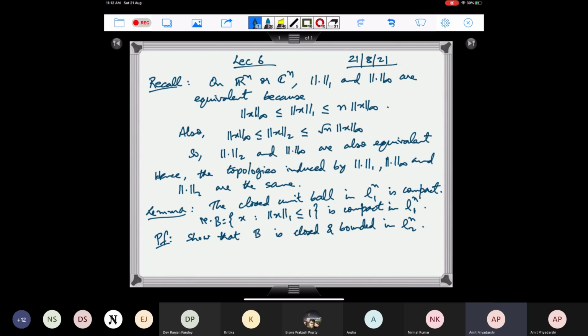Bounded, again, because these norms are equivalent, if it is bounded in one norm, then it will be bounded in the two norm also. So both these things follow from the fact that norm 1 and norm 2 are equivalent.